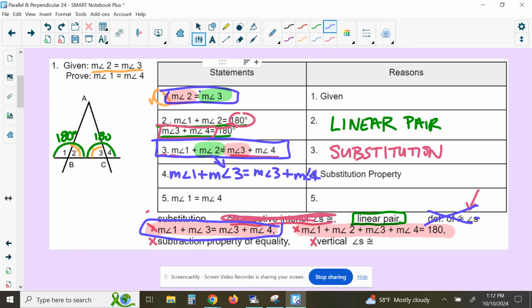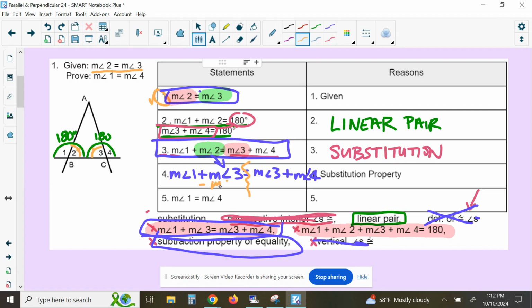But what else have we not used? Yeah, vertical is not in this picture, so that's off the table, right? But we have this subtraction property. So subtraction property of equality says that they took an equation and subtracted the same thing from both sides. So look at the line above it. What can you subtract from both sides of this equation? You see this?